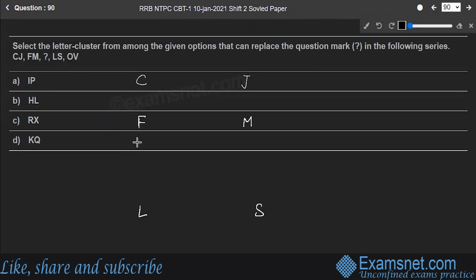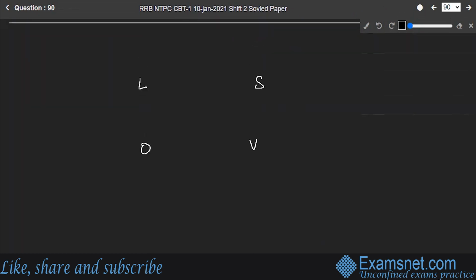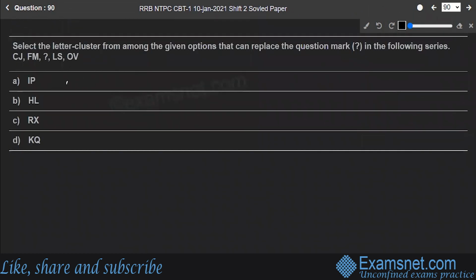Okay, so we'll be using the alphabetical place value table to solve this question. You know this table, we have used that table before also. If not, then I'll quickly give you a reminder of that table. Okay, let's make the table once.